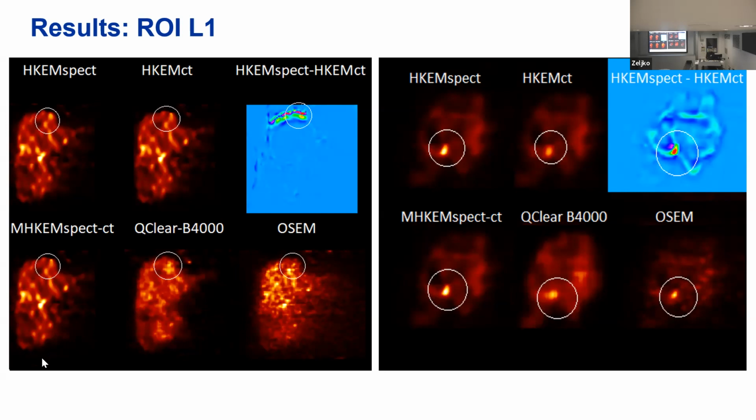And I think the reason here is, first of all, the lesion is a lot bigger in this case, but also it is closer to the edge of the liver. So somehow, in this case, the SPECT information is providing enough to not change the shape or the activity.